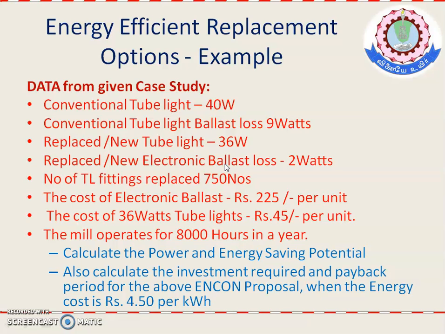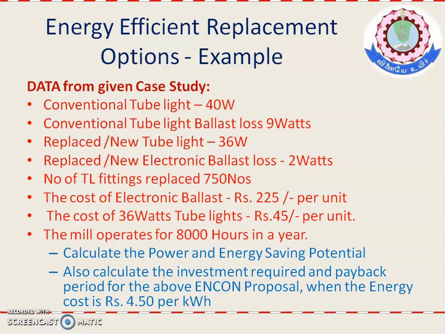Recently it is an electronic one; conventionally it is made up of coils. The purpose of the ballast is to start the tube light functioning initially for a short fractional time duration.